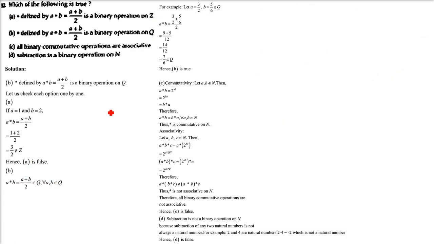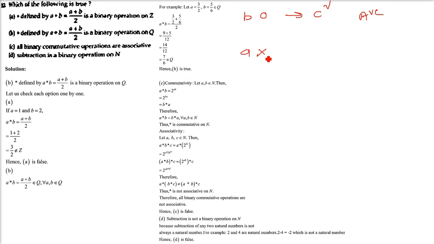Now coming to the third part. All binary commutative operations are associative. For this, we will use an example that we have already done in our exercise number 1 and 2. That is, a binary operation which is commutative is also associative. This we have to prove or disprove.